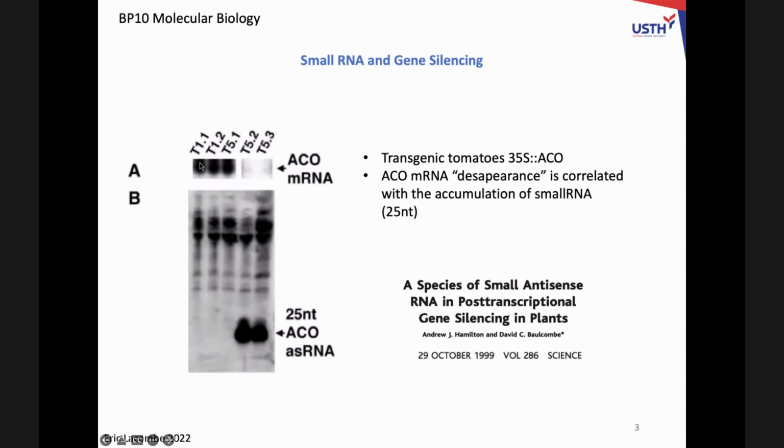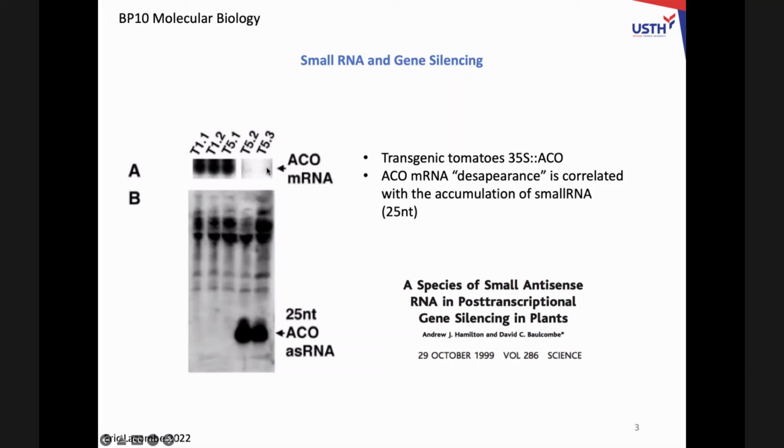And at the same time, when they did this experiment, to be sincere, it's a little bit by chance, they monitored as well a population of RNA, because it was in the same gel, a population of RNA but very small in size. And they realized that when you have a high amount of accumulation of the native mRNA, you don't have small RNA corresponding to this RNA.